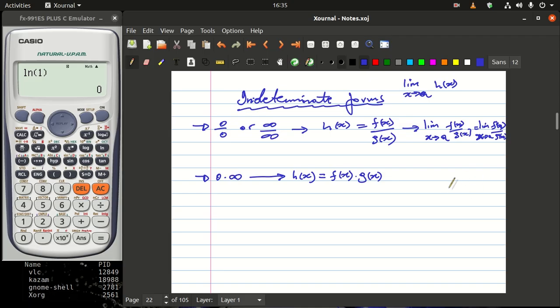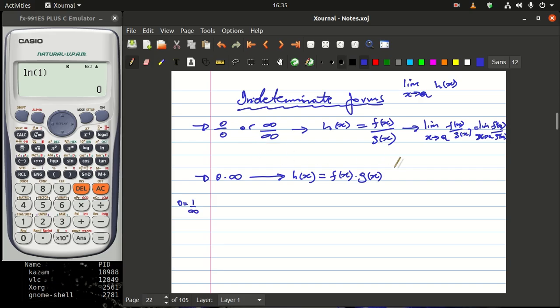You want to make sure that you change this to be either that or that. And in order to do that, you can see that this function here is going to be a 0. And you know that 0 is just the same as 1 over infinity. So once you are here, you are already close here or there.